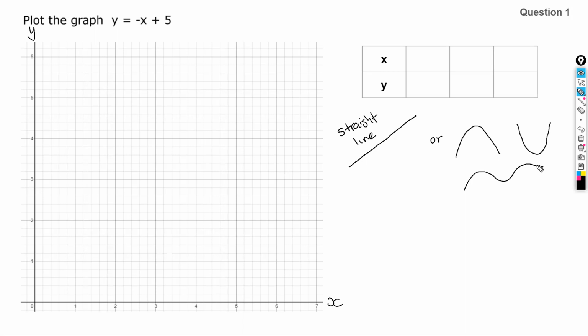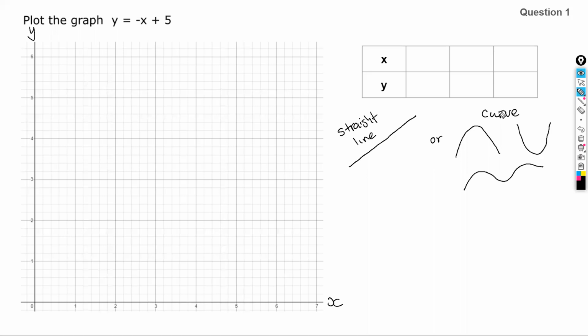And it's a really good idea at the beginning of the question to try to predict what kind of graph you are going to get. Because if it's a straight line, the amount of working you will have to do will be much less.